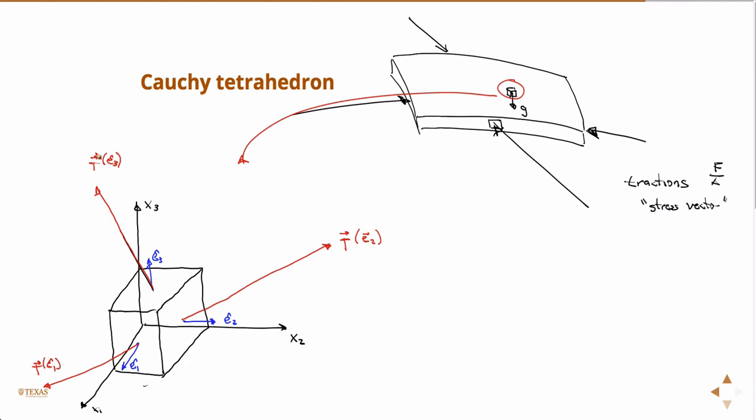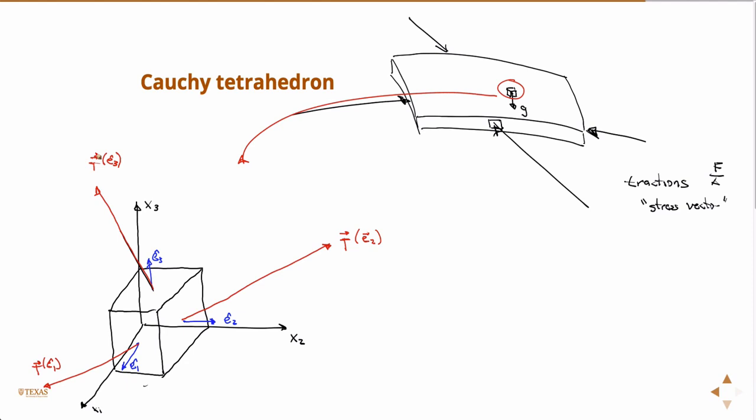And my little cube is in equilibrium, right? It's not in motion. So if I had a cube and I pulled on three sides of it like that, and there were no counterbalancing force, the cube would fly through space, right? So my cube is in equilibrium, which means there are going to be equal and opposite forces on the back side of the cube, right?